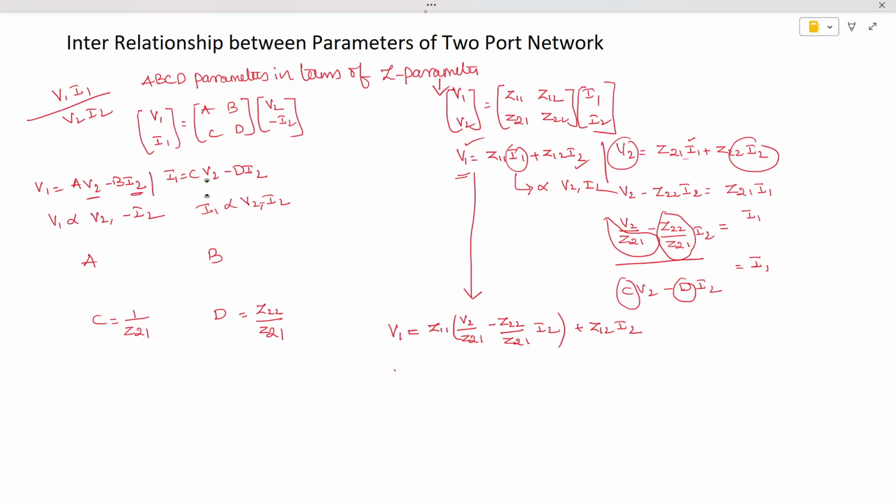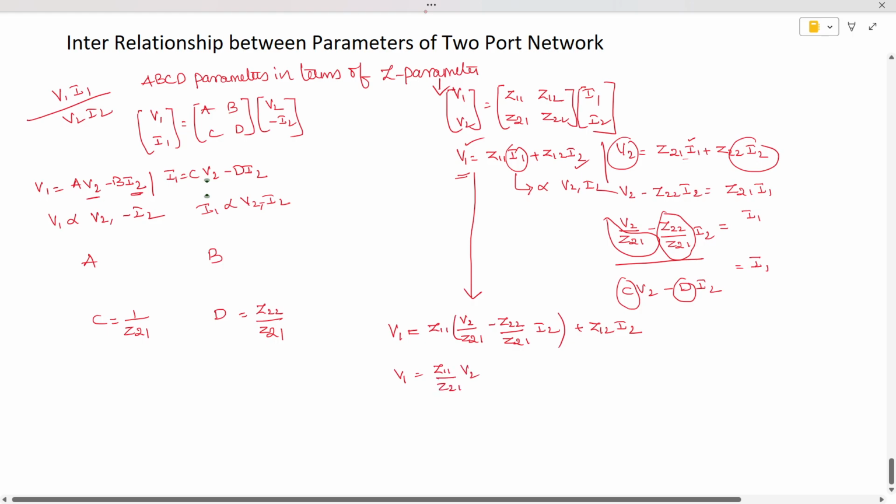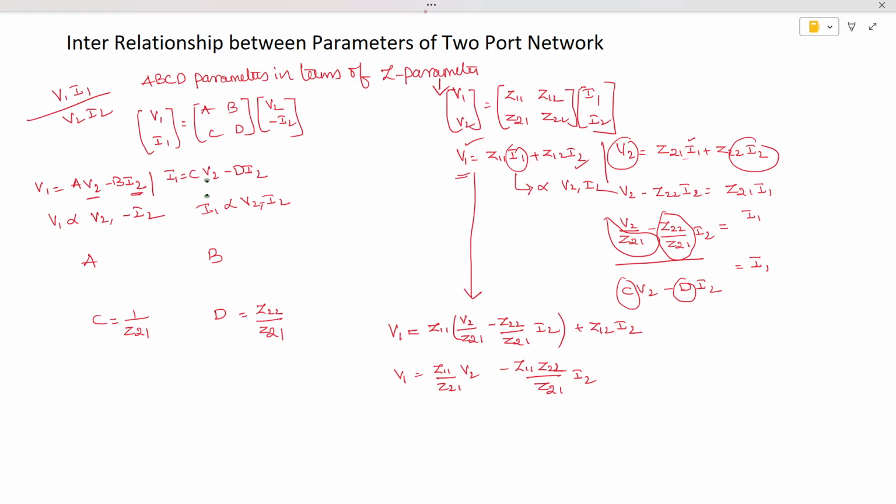So V1 is equal to Z11 by Z21 V2 minus Z11 Z22 divided by Z21 I2, plus Z12 I2.